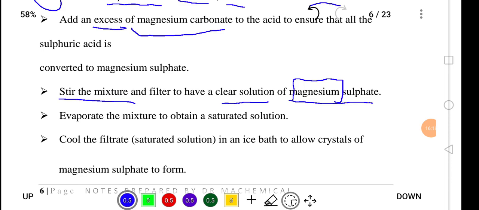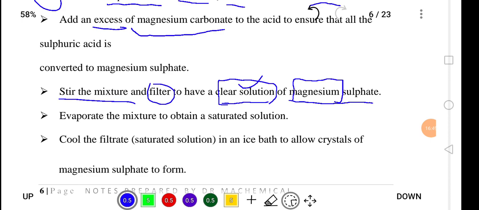Now, the solution that is going to be formed in the first place is not going to be clear because it is going to contain the excess magnesium carbonate. So since we are going to have excess magnesium carbonate that is not going to react, we need to filter the mixture so that we remain with a clear solution of magnesium sulfate.